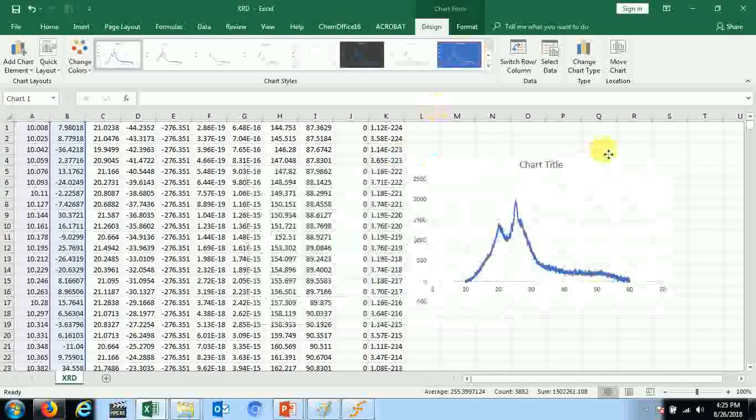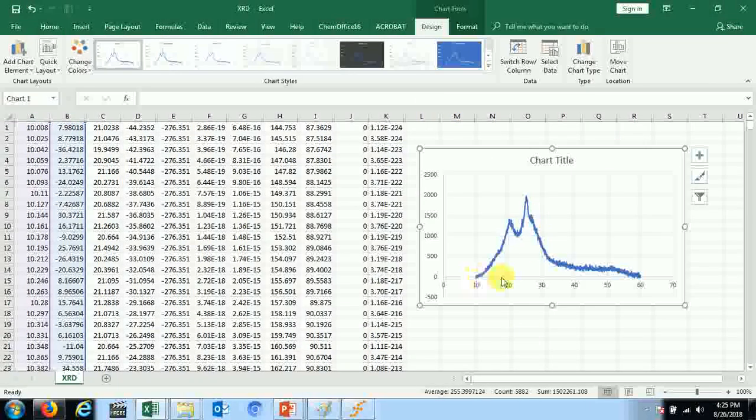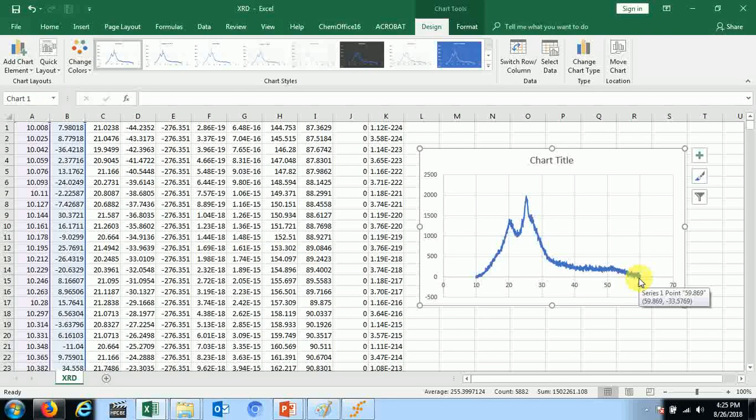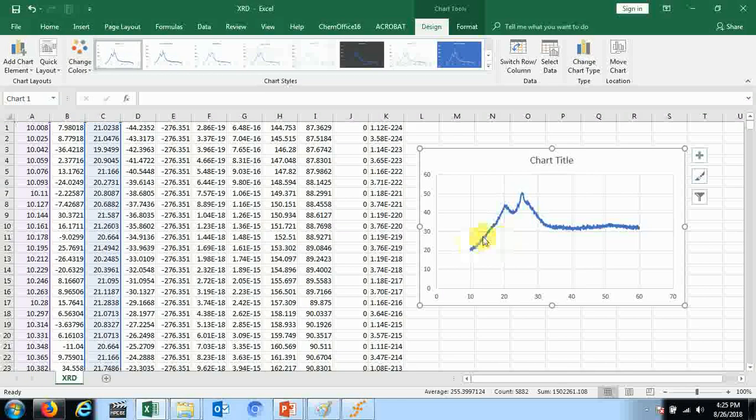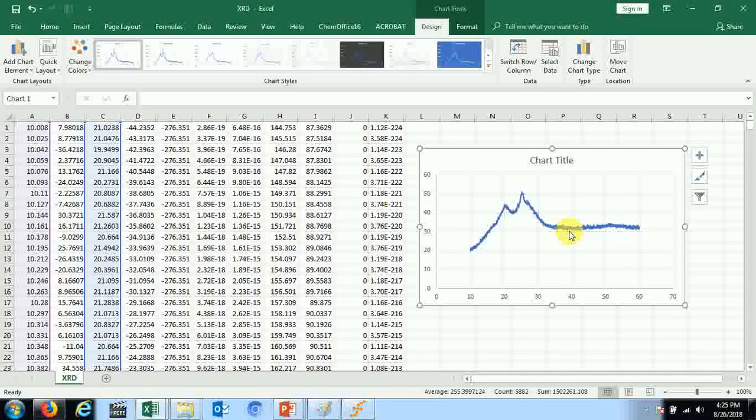Yes, this is the baseline corrected peak without smoothening. This is the graph without baseline correction. So this is the original graph.